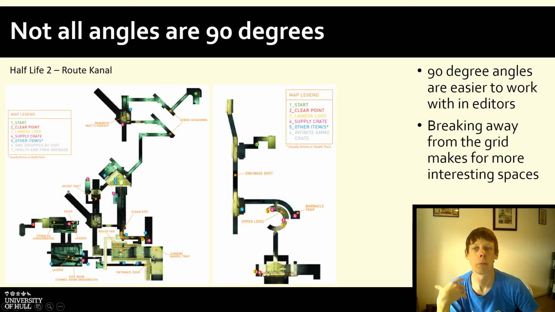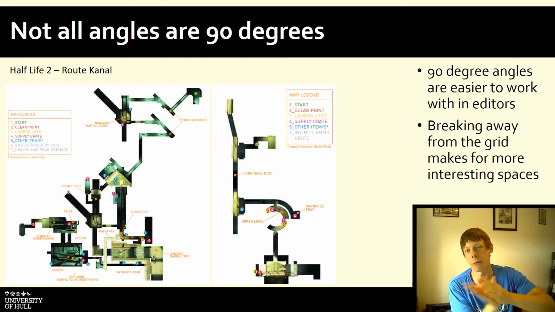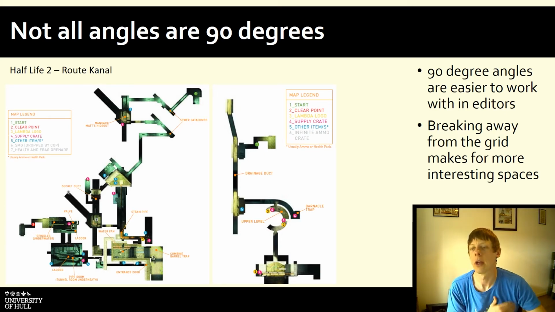And again, when you're playing a game, if you've played enough games, you'll become very aware of the whole 90-degree angle structure, because it's easier to design levels that way in editors. Breaking away from those 90-degree angles can cause issues with grid placements and all sorts of stuff.